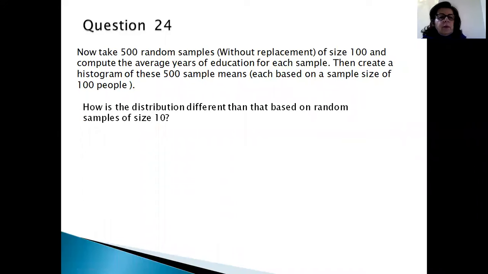Now take 500 random samples of size 100. Compute the average years of education from each sample, then create a histogram of these 500 sample means. How is the distribution different than based on random sample of size 10? Let's see.